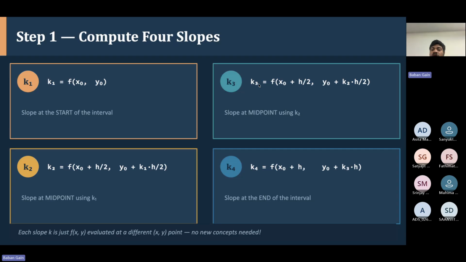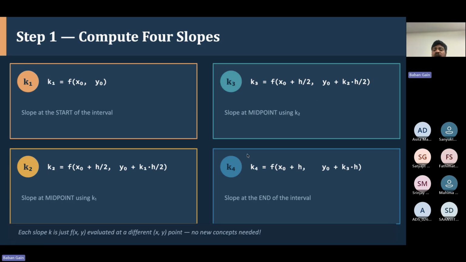Similarly, for K3, you have to use x0, which is here 1, plus h divided by 2, which is 0.05. So here f of 1.05, comma, y0, which you had earlier, let's say 5, plus K2, whatever you have obtained here, multiplied by h divided by 2. H is here, let's say 0.1, divided by 2 is 0.05.